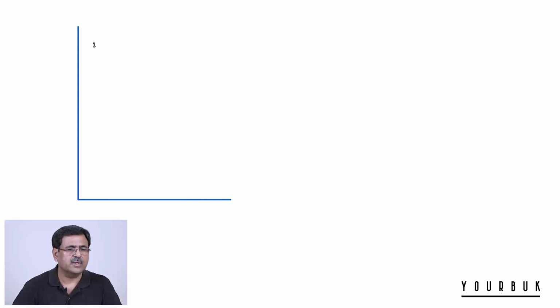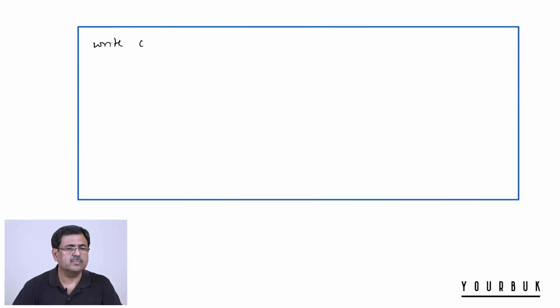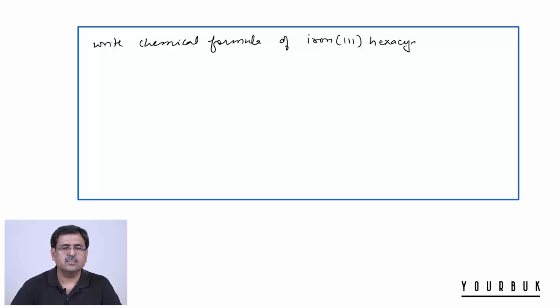Now question is write chemical formula of iron 3 hexacyanido ferrate 2.